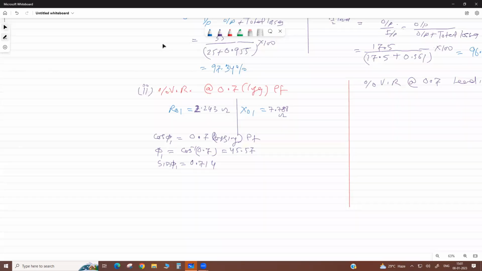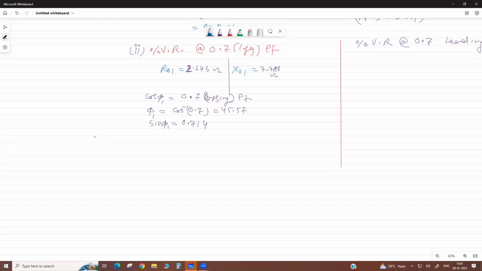My dear, as referred to the primary side, percentage voltage regulation is V1 minus V2 dash by V1 into 100.